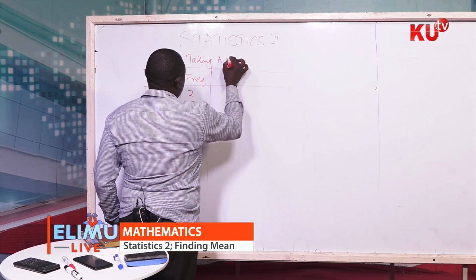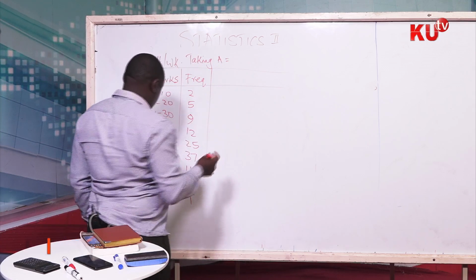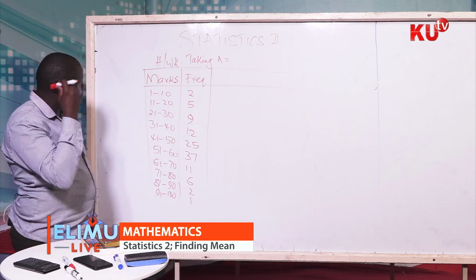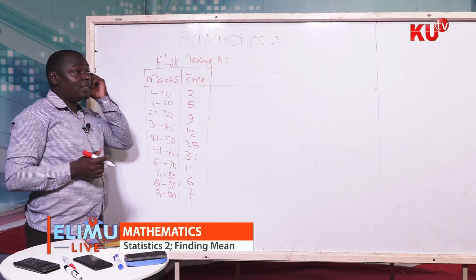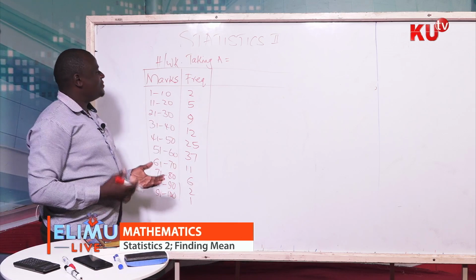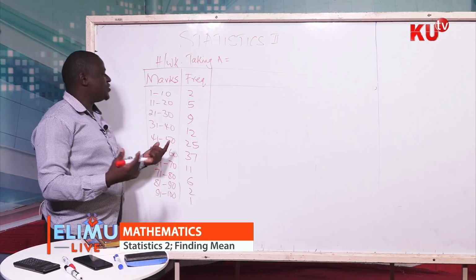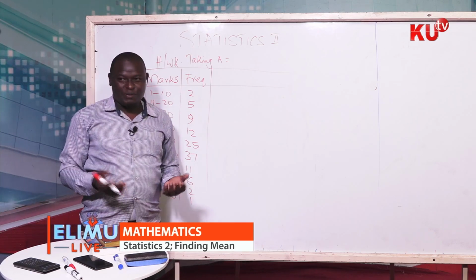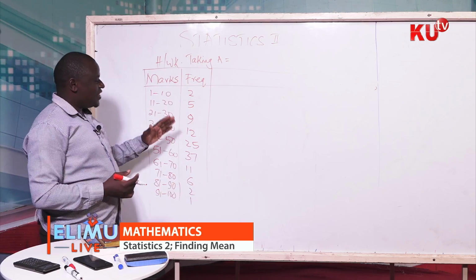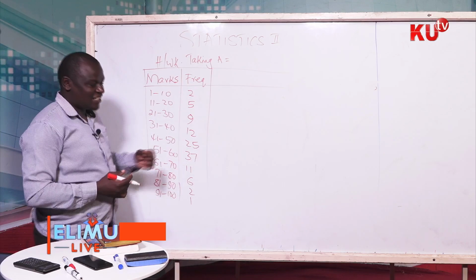A assumed mean as, by the way, as I give this assignment, I need to mention something to do with assumed mean. It is any mark. But again, you can't take 1 as assumed mean. That wouldn't look wise of you. Why? Because if you look at this distribution, the mean must be around the center.